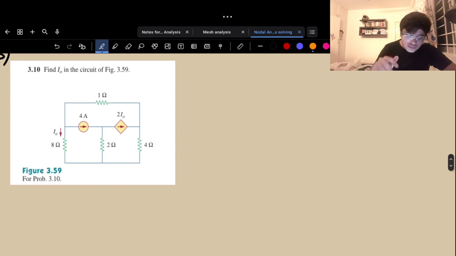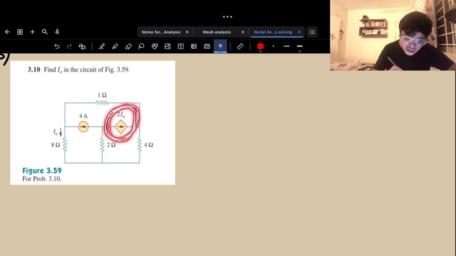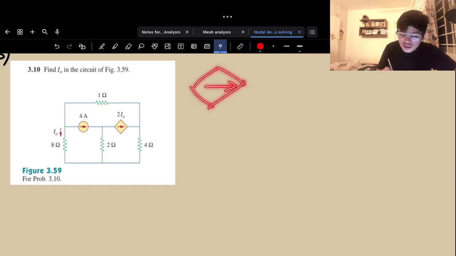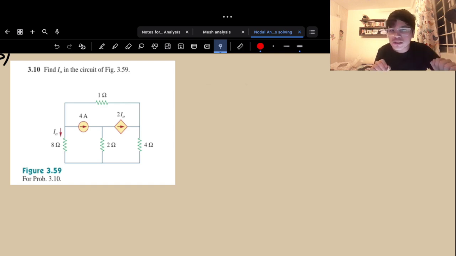The question says that I have to find I naught in the circuit. That is this I naught. Now, as you can see, there's something here, and say, for example, you don't know what it is and you are trying to guess. You saw this arrow and you said, oh, this must be a current source.